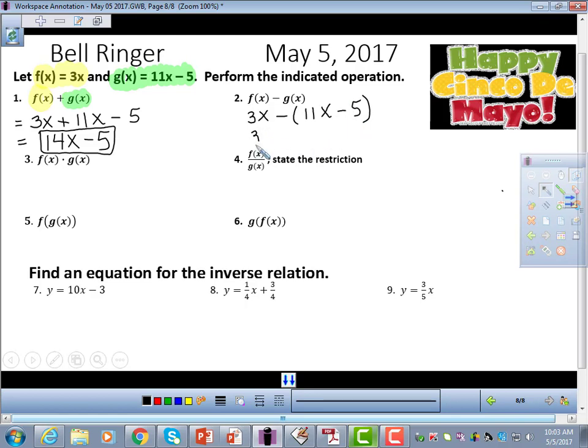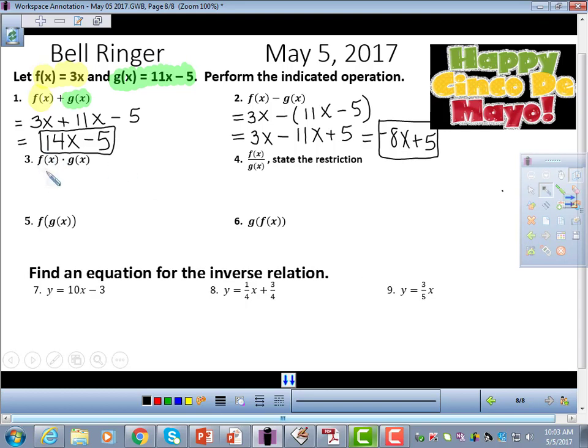So we have 3x, subtract the 11x, and then a negative times a negative is a positive. So we end up with a negative 8x plus 5. Can you do that on a test?